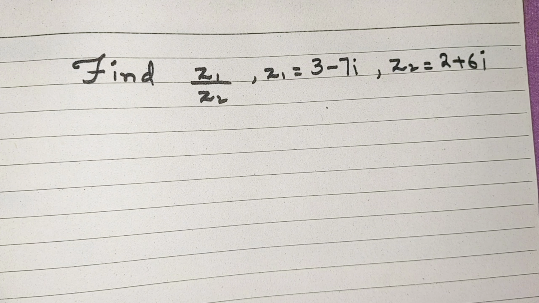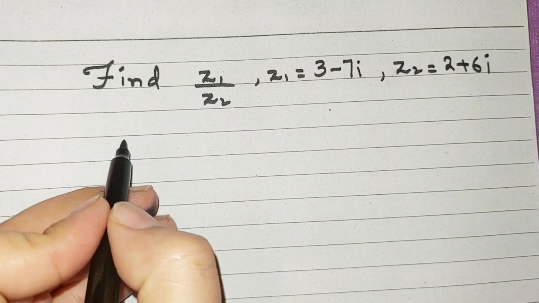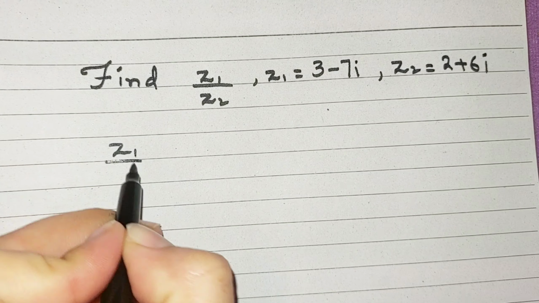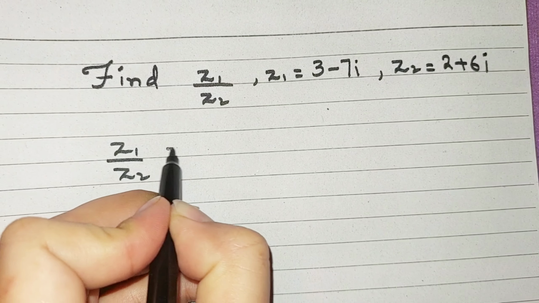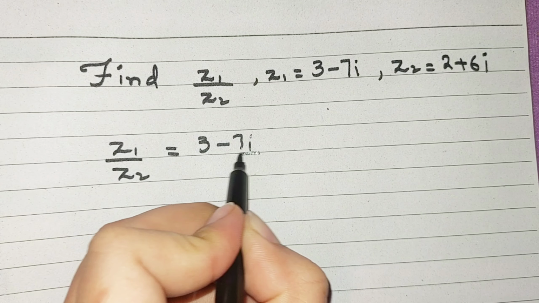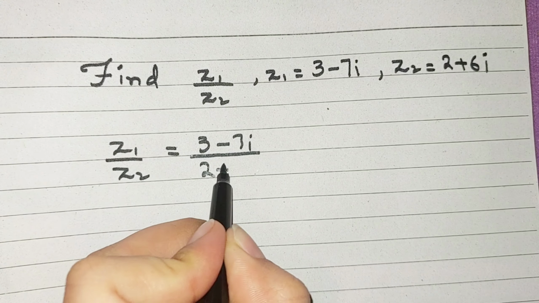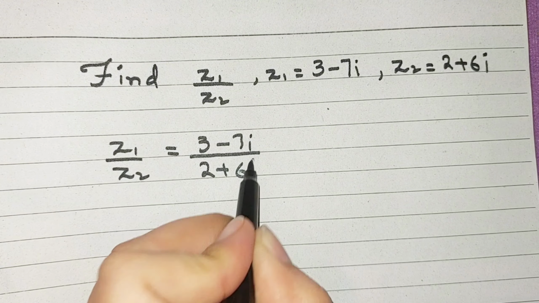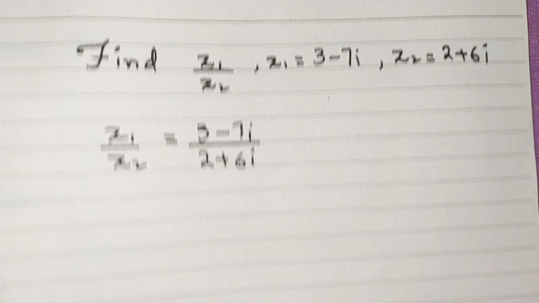So we have z1 as 3 minus 7 iota and z2 as 2 plus 6 iota, and we have to find z1 upon z2. So let's write z1 upon z2 as 3 minus 7 iota upon 2 plus 6 iota. Now further we will rationalize it.